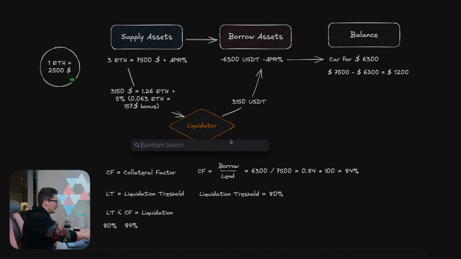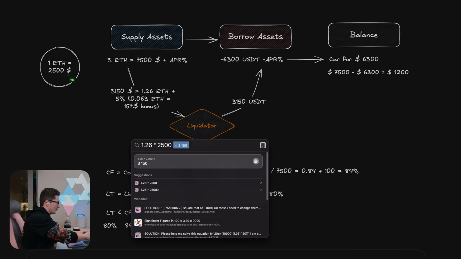So 1.26 times 2,500 is 3,150. Then the liquidation bonus here is 0.063 ETH or $157. Why? Because it's 5% of your amount here.